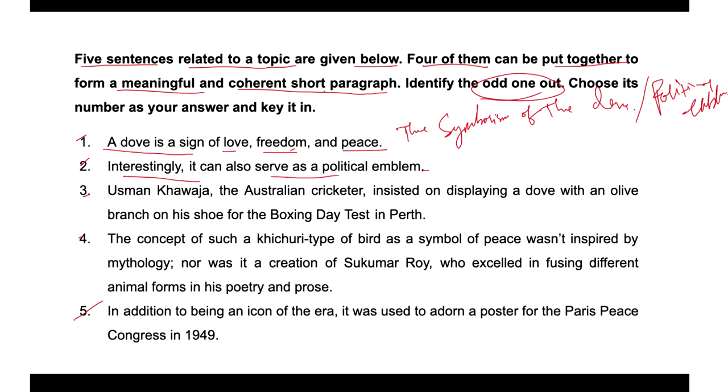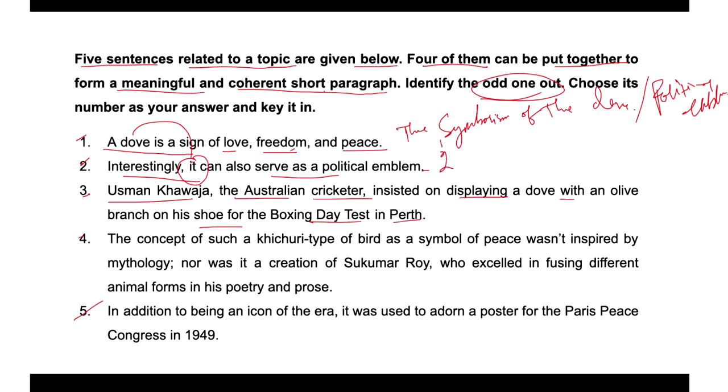A dove. Then you talk about three: Usman Khawaja, the Australian cricketer, insisted on displaying a dove with an olive branch on his shoe for the Boxing Day Test. Right.